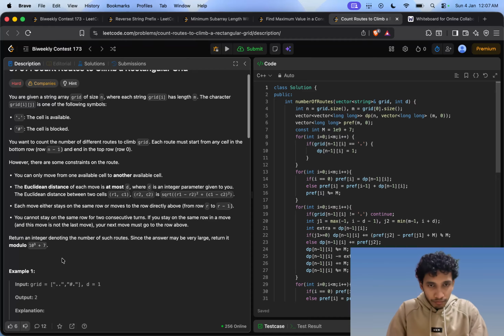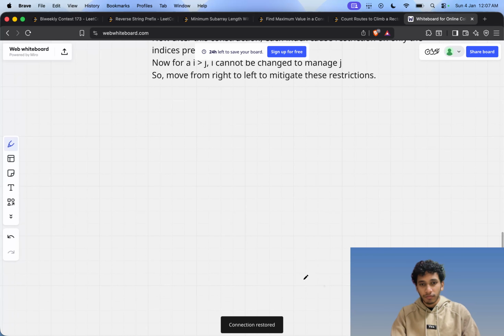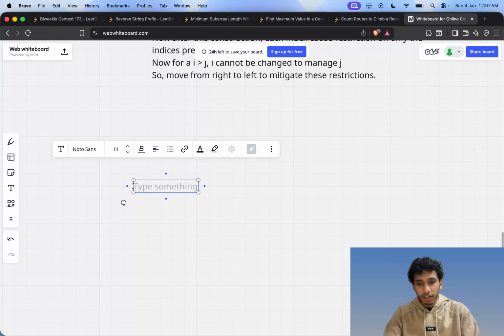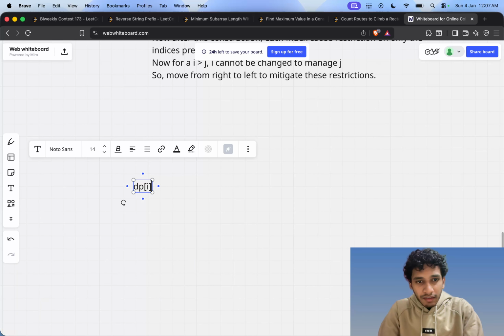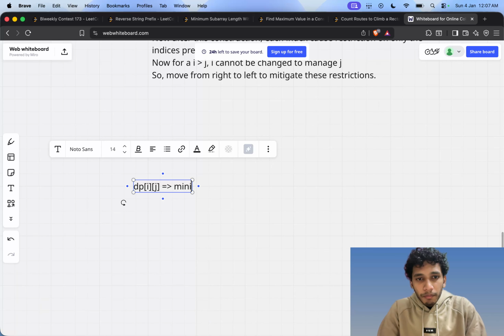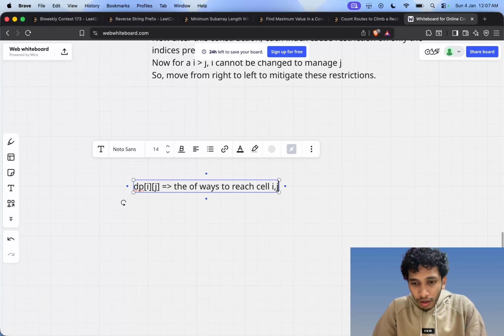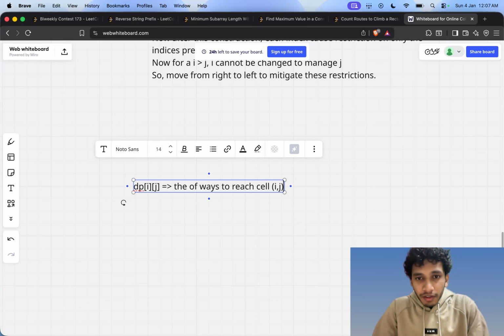So the question is a DP problem, and we want some DP state. Very first thing which we think in DP: what is the naivest state you can think? DP at i j means the number of ways to reach cell i j. Naivest idea anyone could get.